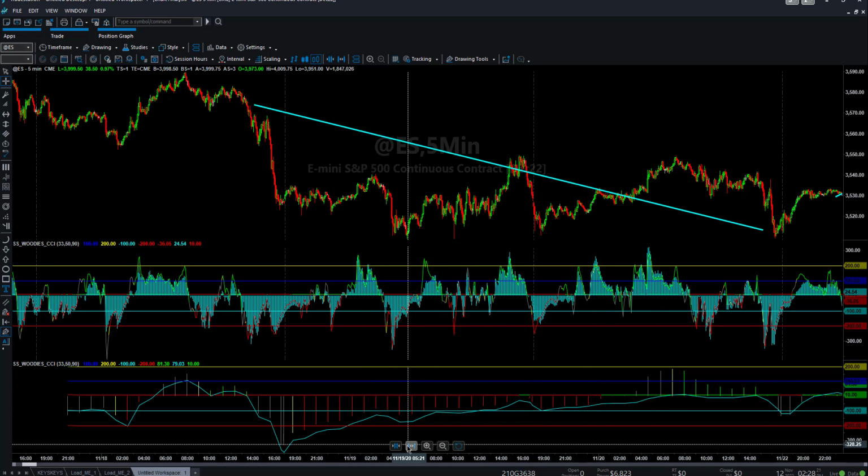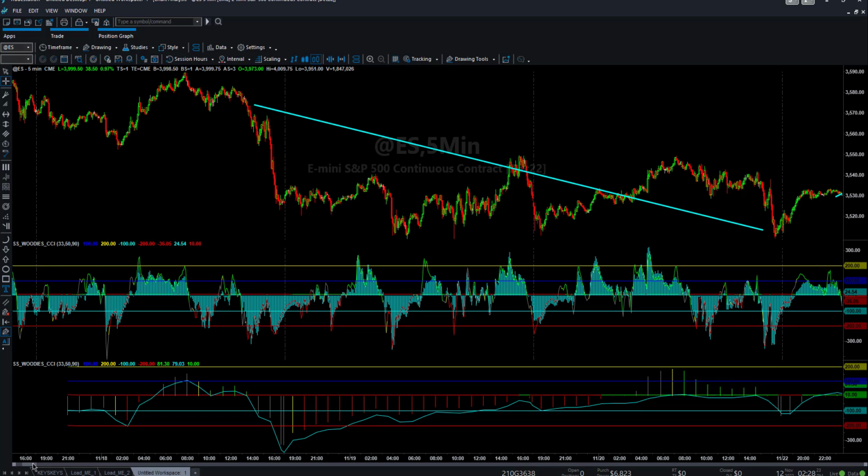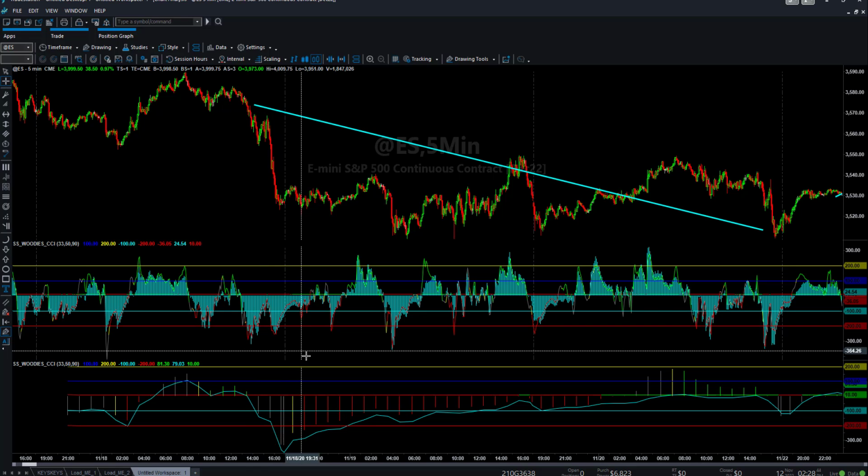You can also use some line breaks along with this. Again, if you have longer cycles, try to use this as a momentum, not as a reversal. If it goes to very extreme levels, that's fine, but you have to test it out. But let's stick with the momentum and the divergence part of it.